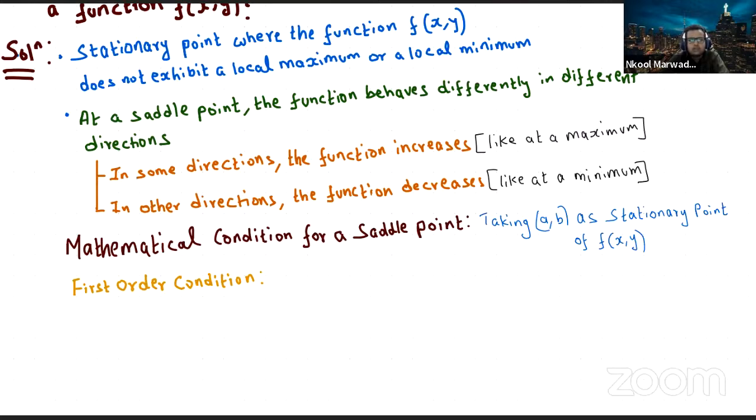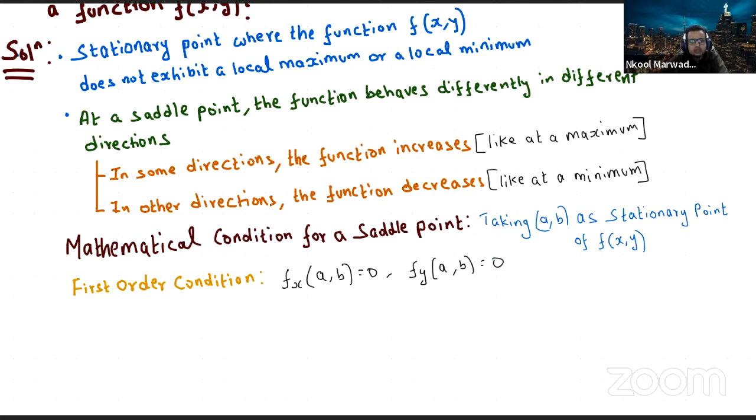Now what is the first order condition? f of x at a comma b should be equal to 0. The partial derivative of the function with respect to x at the stationary point has to be 0, and the partial derivative with respect to y at the stationary point has to be 0. So this is the first order condition that you have to show.